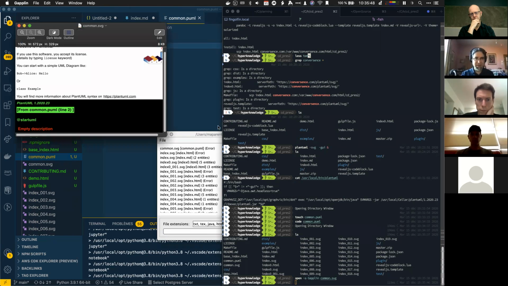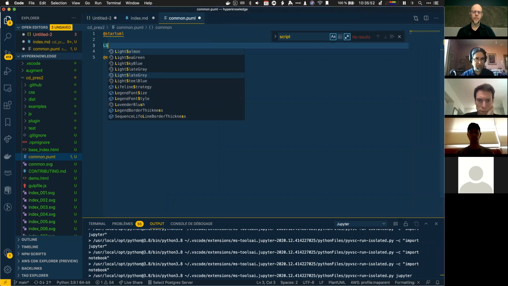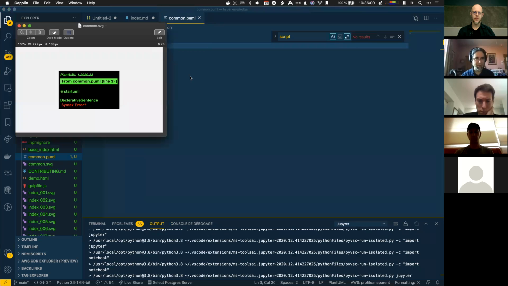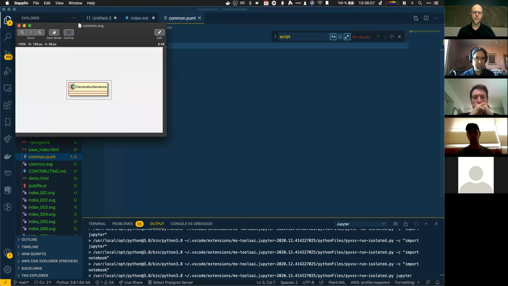Now the SVG is empty, but if I say we agreed on declarative sentence, and Gapplin, okay, so we have a beginning.